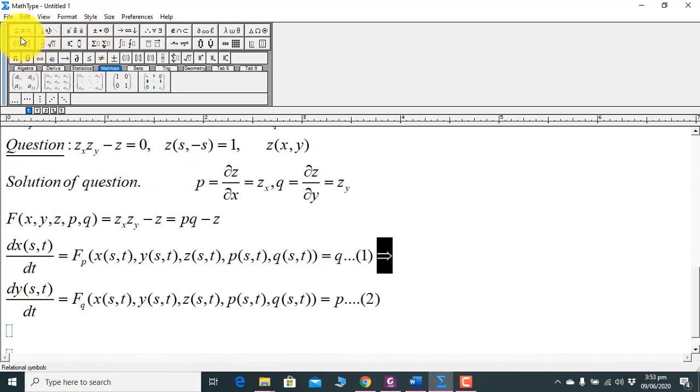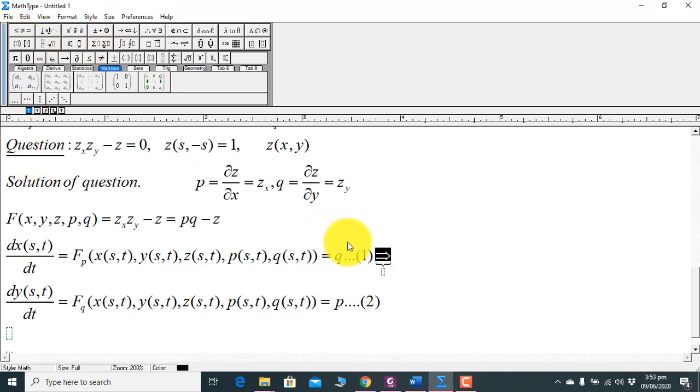What I am writing here is wrong, you don't have to write it, I am just explaining to you. This is a mistake you can make.